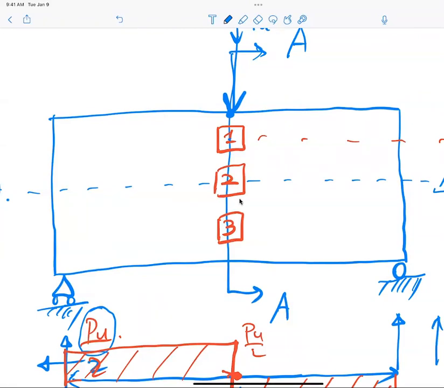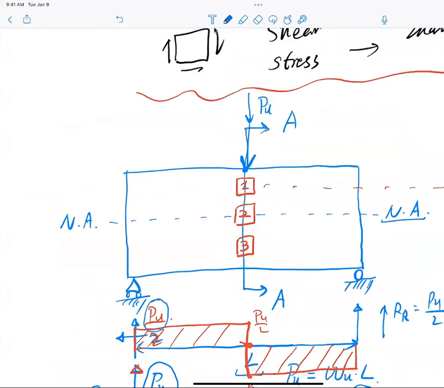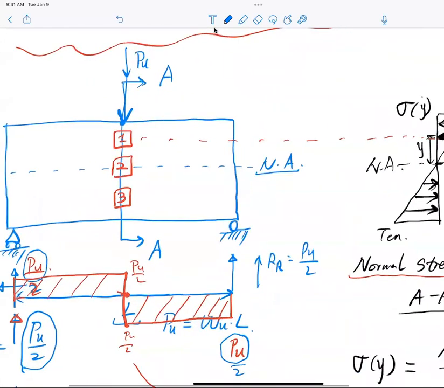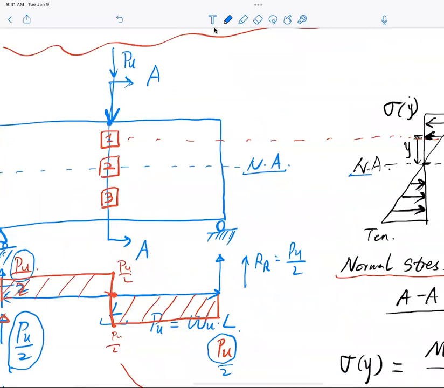I'm trying to find a guy to blame again. Danny Wilson. Hello. Hi, how are you doing? Doing good. Glad to hear that. Can you help me out, Danny? If my element two is sitting on the neutral axis, let me give you a tip, what will be the stress for element two in terms of normal stress?